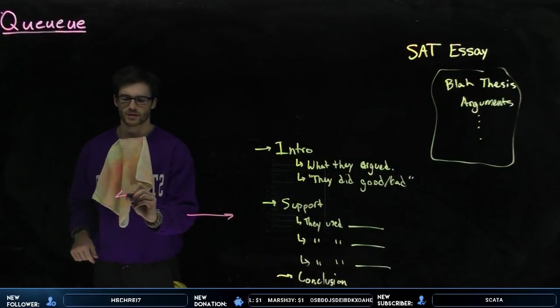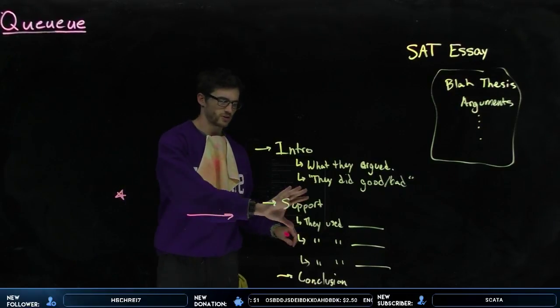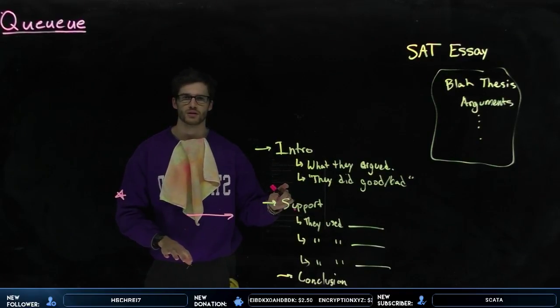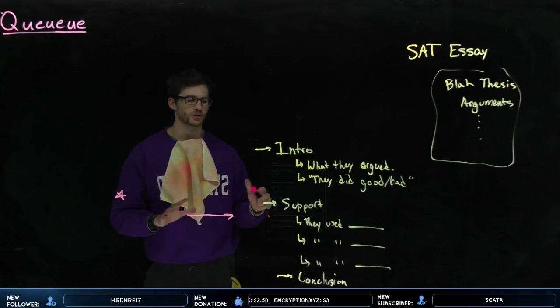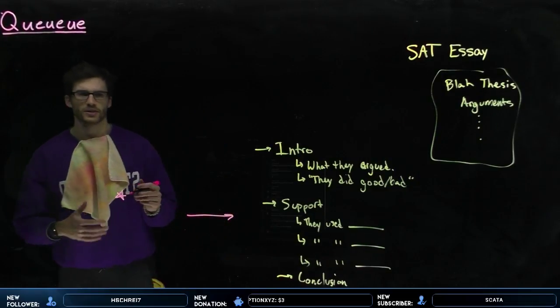Now, here is the thing that's going to help your essay a lot. When you're writing the support, take into account who the author is and who the audience is, because that is what's going to put your essay to the upper level of the analysis that they're grading on.